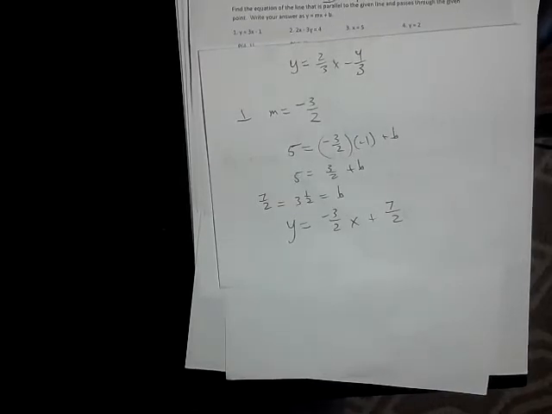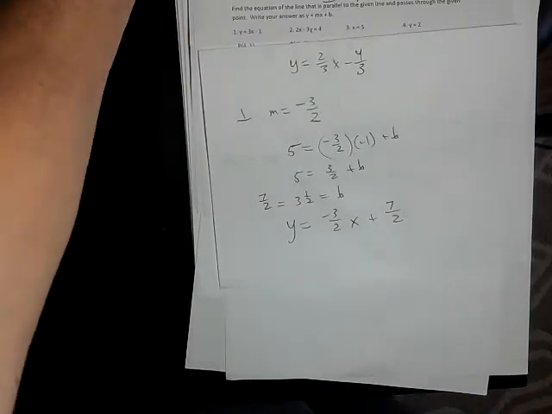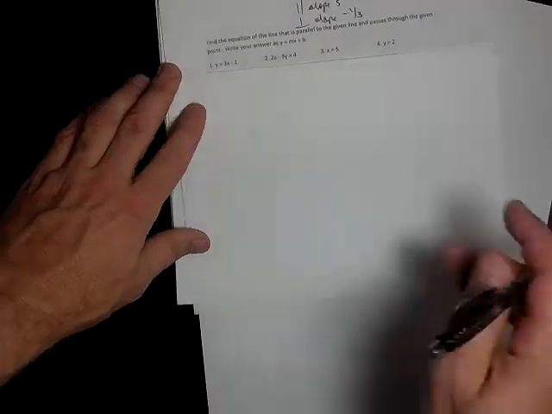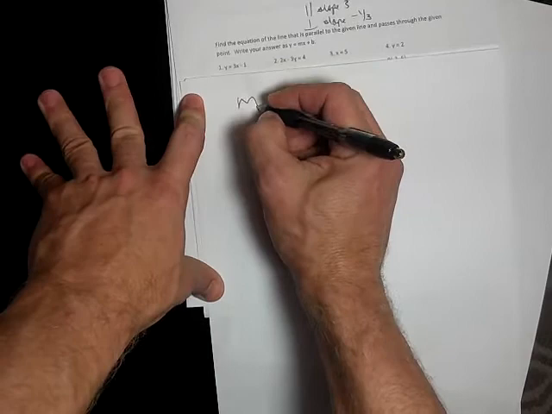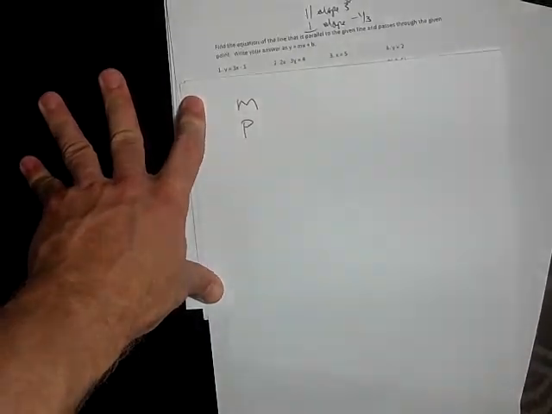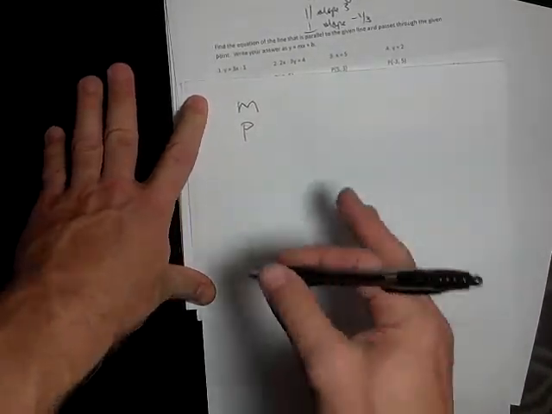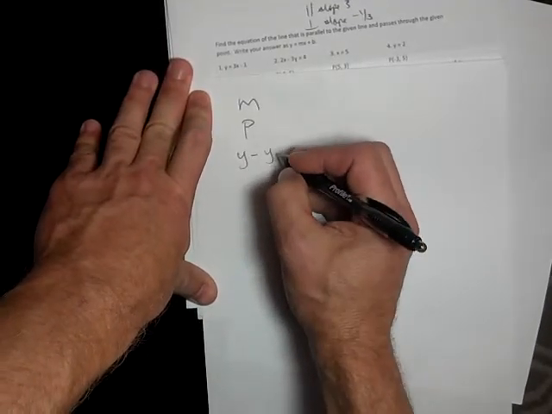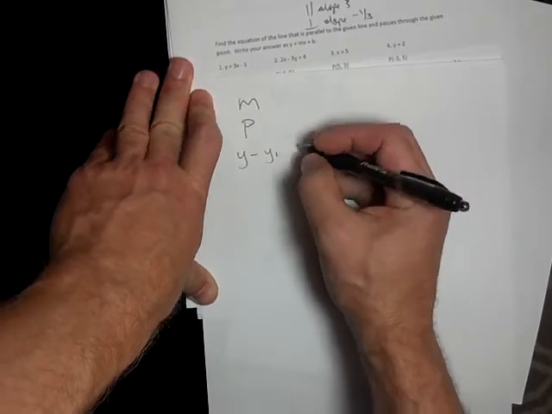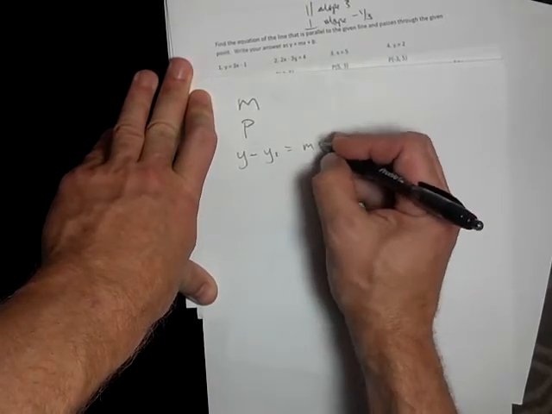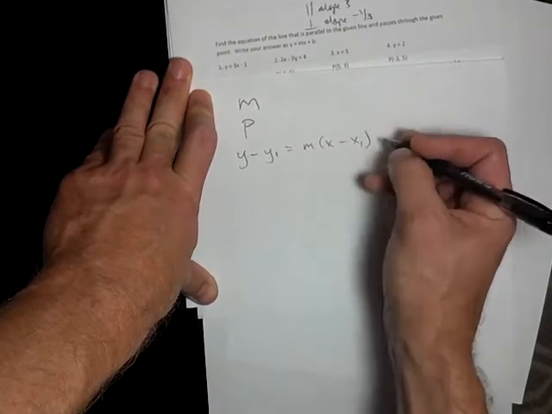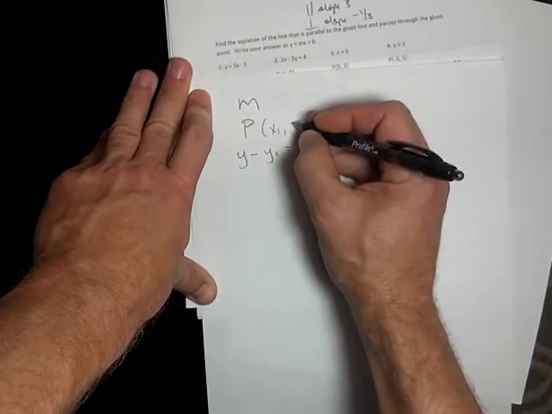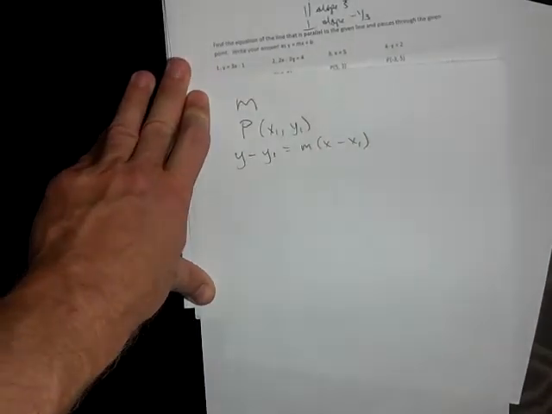Now there's another way to do this, and you might remember this from when you took algebra in high school. It's called the point-slope form. And what it says is, once you have the slope, and once you have a point, you can just put them into this little formula, which says y minus y1 is equal to the slope times x minus x1, where x1 and y1 are your point.